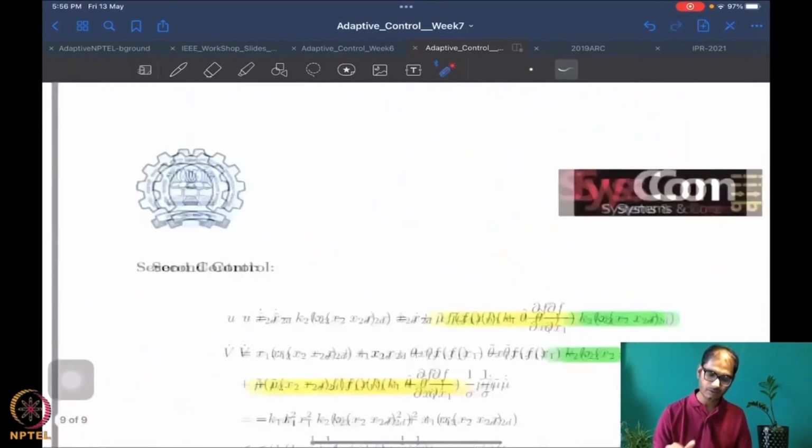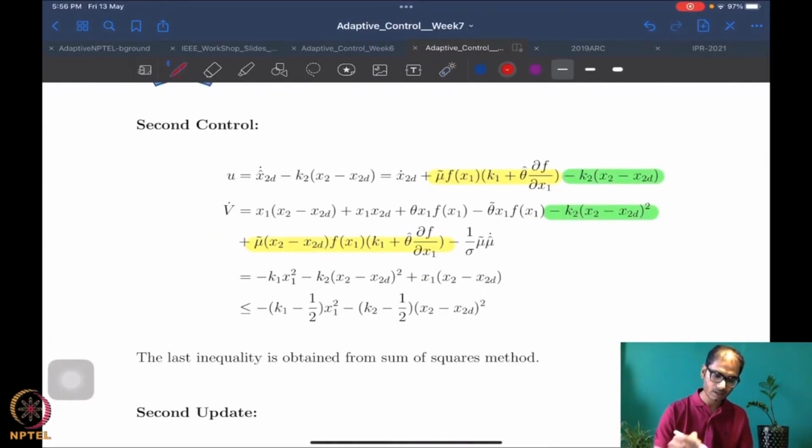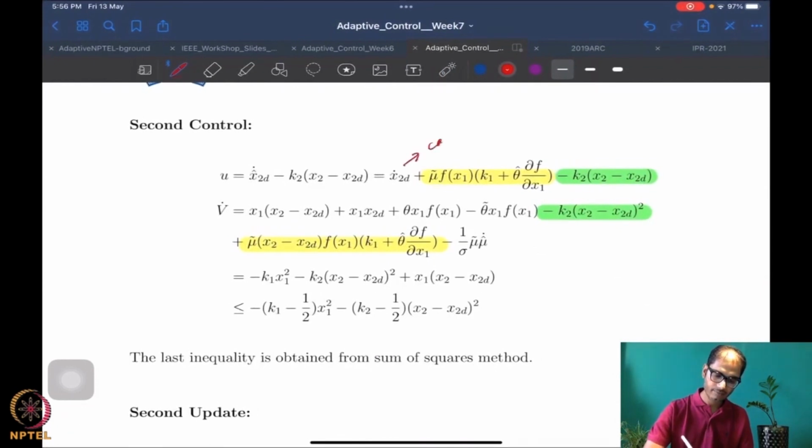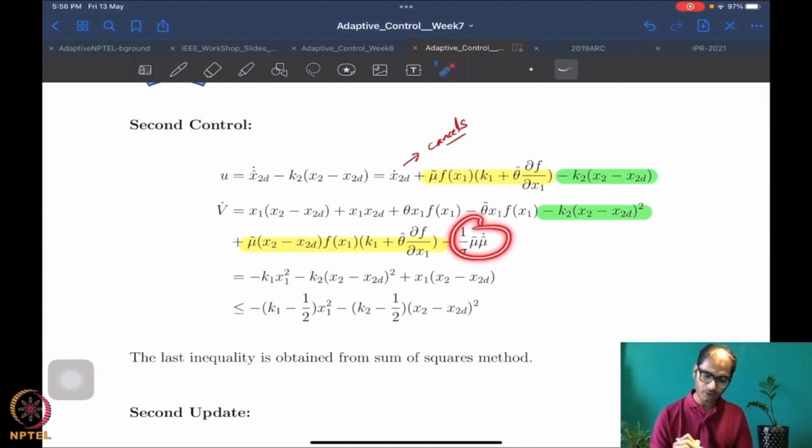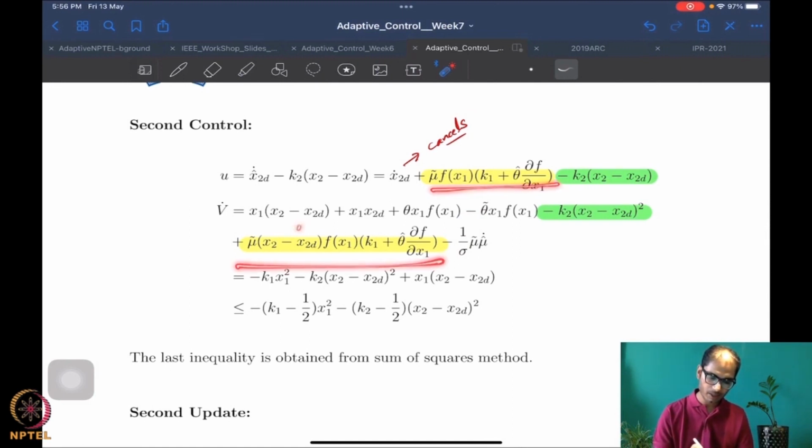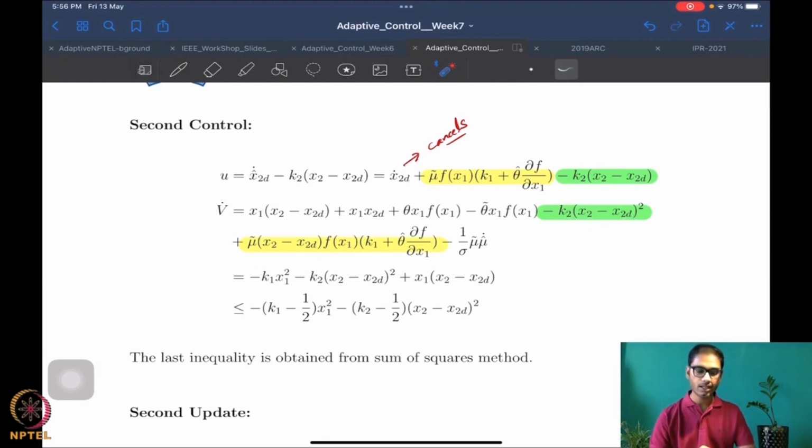So that first term in fact cancels out. So that's it, and then I'm left with this, which is yet to be chosen. This is coming from this with just x2 minus x2 desired multiplied, because of the Lyapunov function derivatives.